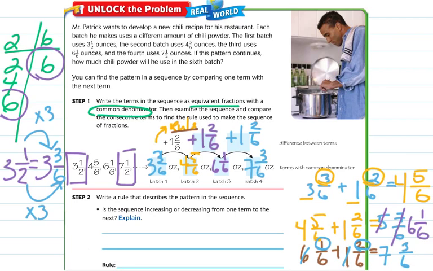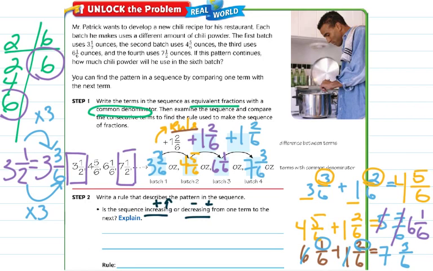So now in the next part, boys and girls, it says, write a rule that describes the pattern in the sequence. Is the sequence increasing or decreasing? And remember, boys and girls, increasing means it's going up and getting larger. Decreasing would be going down and we're subtracting.